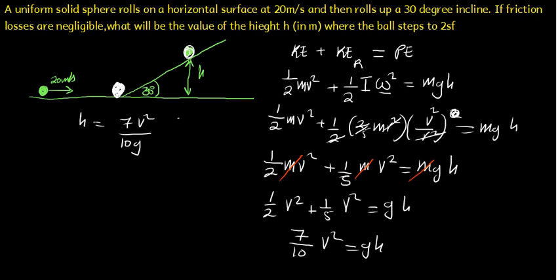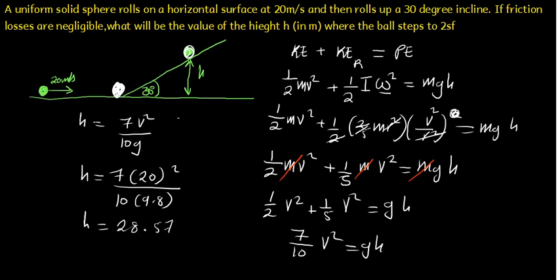Now the height is equal to 7 times 20 squared, divided by 10 times 9.8, which is 98. That is 28.57. Now I want to give our answer correct to two significant figures, so the height is simply going to be 29 meters.